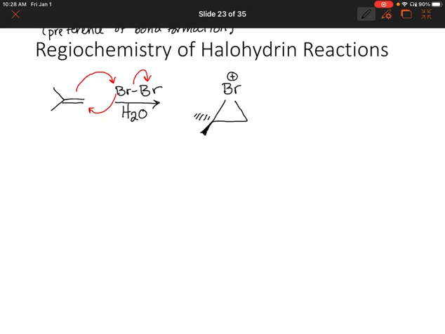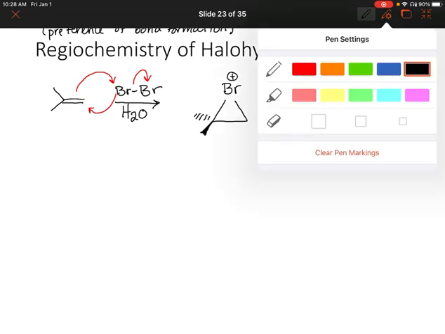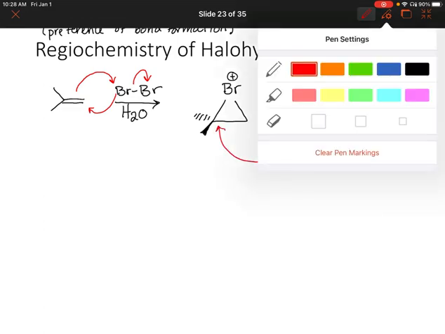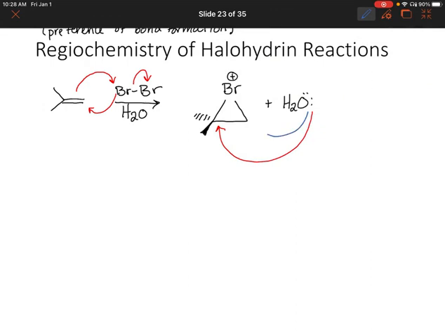Okay, and then we know that water is going to come in next. And let's show what happens when it attacks the left-hand carbon versus the right-hand carbon. So we've got red and blue arrows.